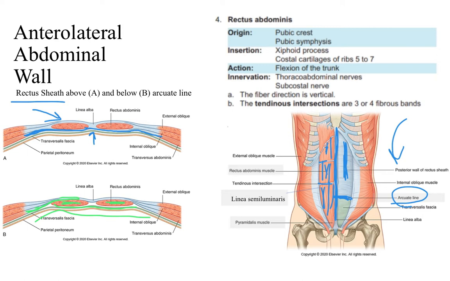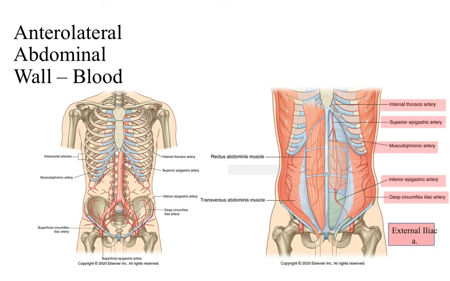All right, as far as the blood supply to the anterolateral abdominal wall, remember these internal thoracic arteries right here would be on either side, and that splits off into what's known as your superior epigastric artery. All right, epi meaning on top of, gastric meaning the stomach.